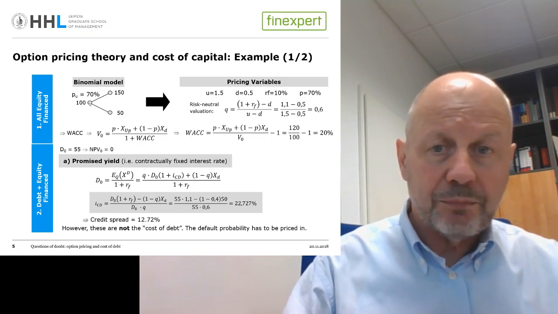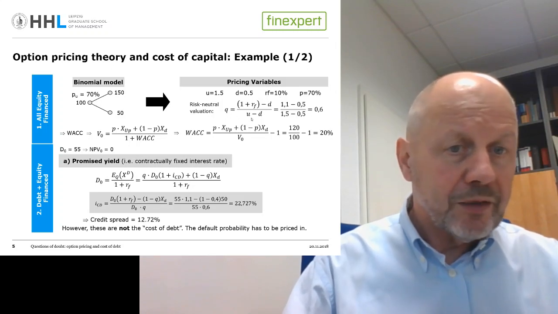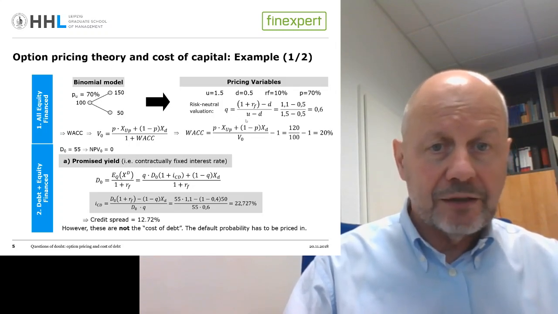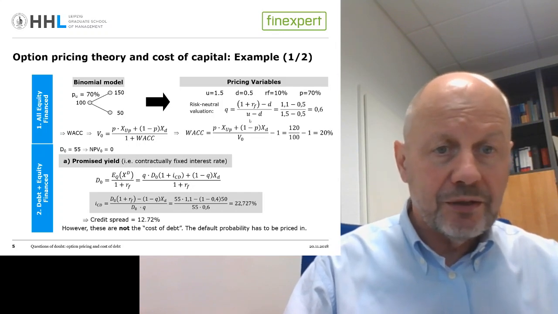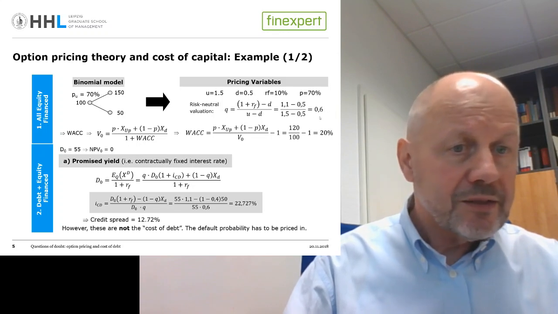The up factor is 1.5, so 100 times 1.5 is 150. The down factor is 0.5, 100 times 0.5 is 50. The riskless rate is given at 10%, so we may easily apply our standard equation for the risk-neutral probability in a binomial setting, and the risk-neutral probability is, in this case, 60%.